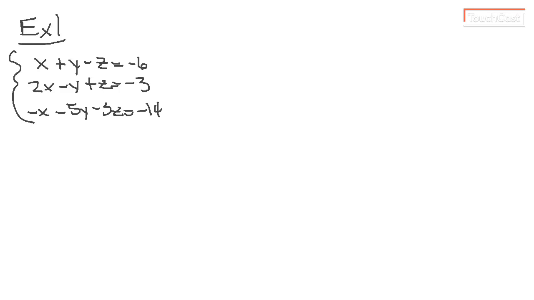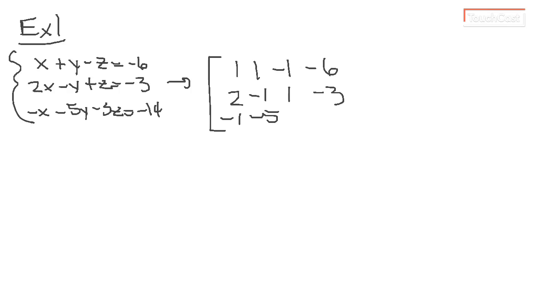So we're going to start by writing this as an augmented matrix. So we can write this as 1, 1, -1, -6 for our first row, 2, -1, 1, -3, and then -1, -5, -3, -14.